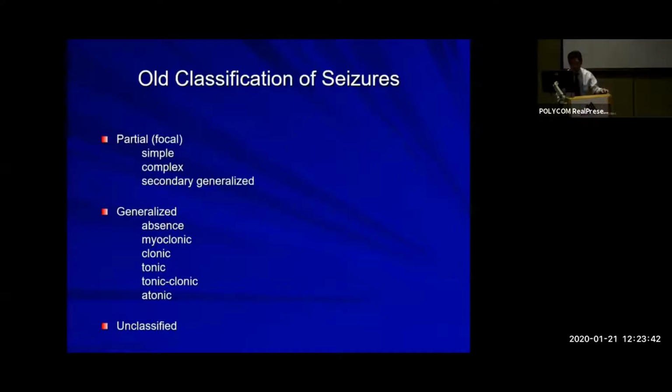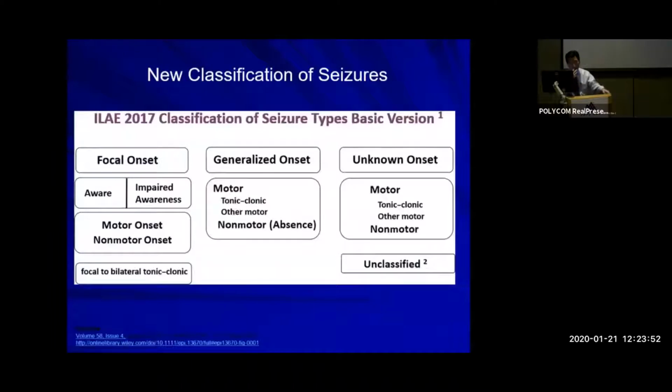And you had these subtypes, so people were aware of simple partial, complex partial seizures, and so forth. Well, that's old terminology now. So a couple years ago, the International League Against Epilepsy, which is the world parent epilepsy organization, came up with a new classification scheme and new terminology.